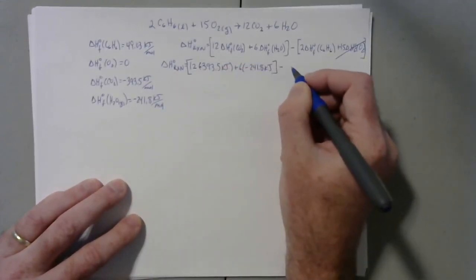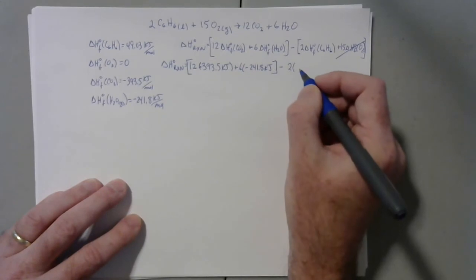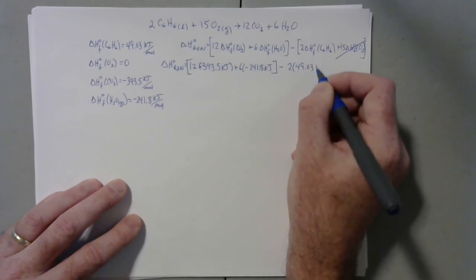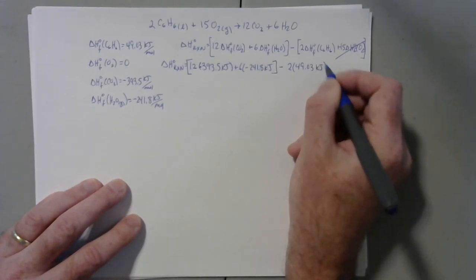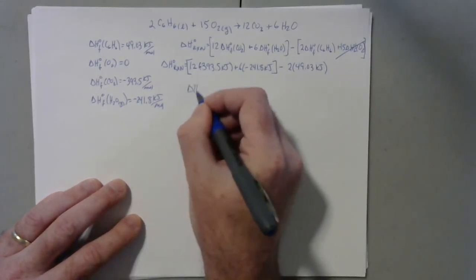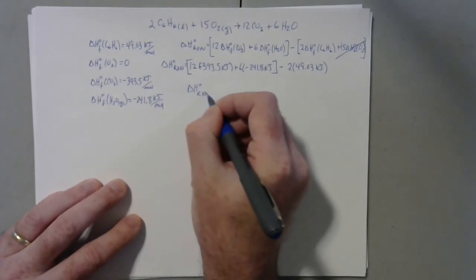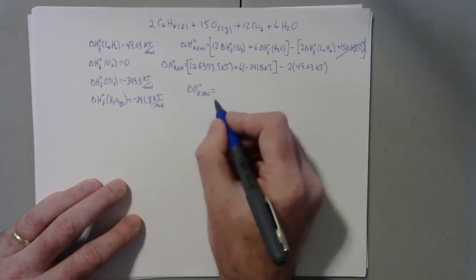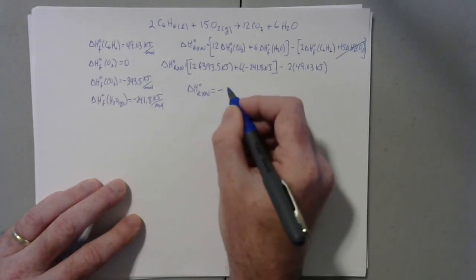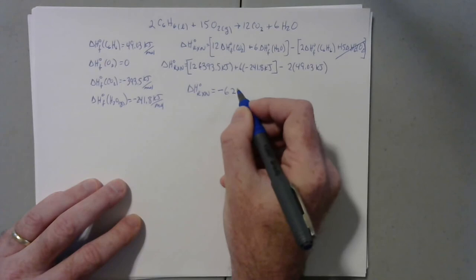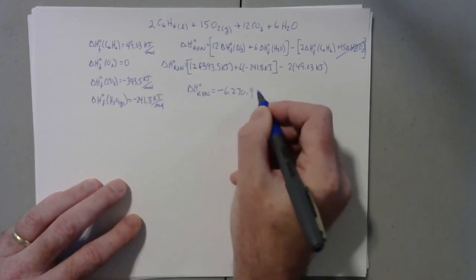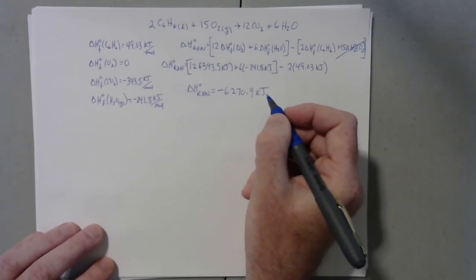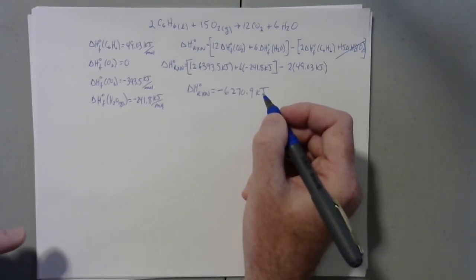And I'm going to subtract 2 times my reactant side, which is 49.03 kilojoules. Then we're going to run all of that through our calculator. And when we do, we get a negative 6,270.9 kilojoules. Now that's not the answer to our question, but we needed it to get there.